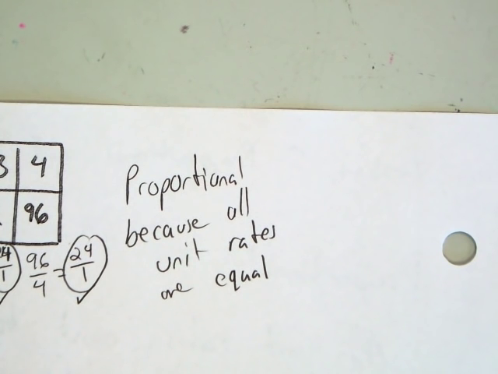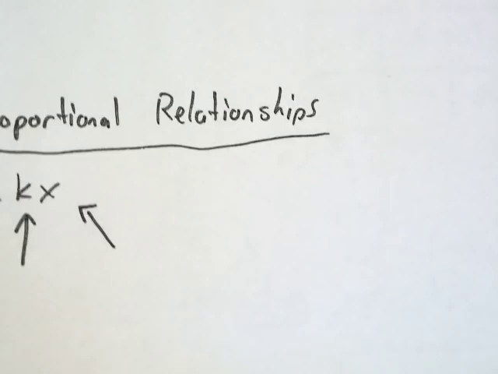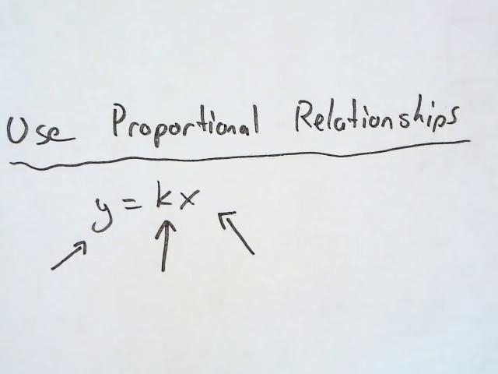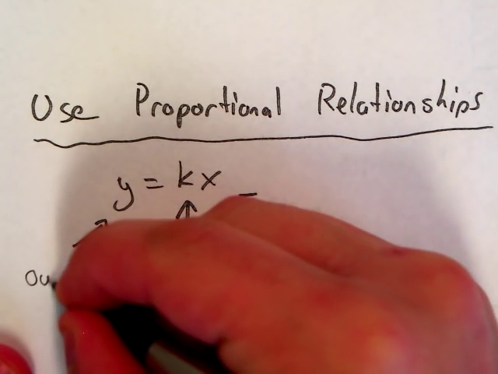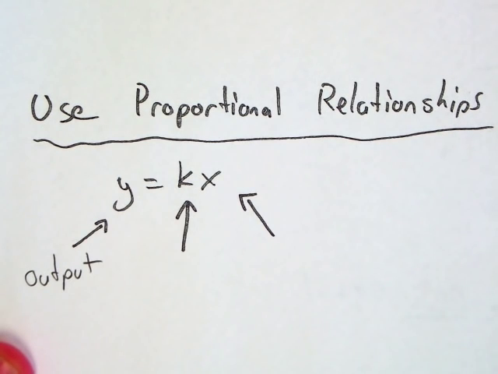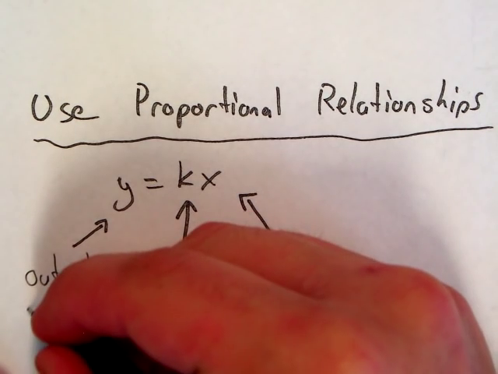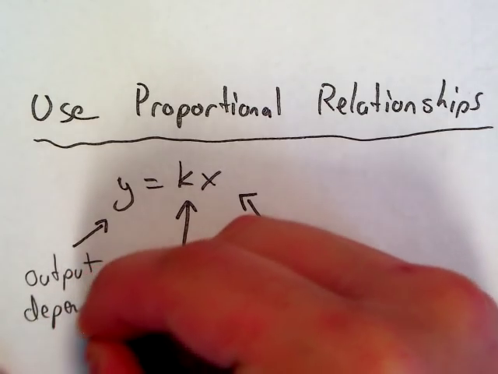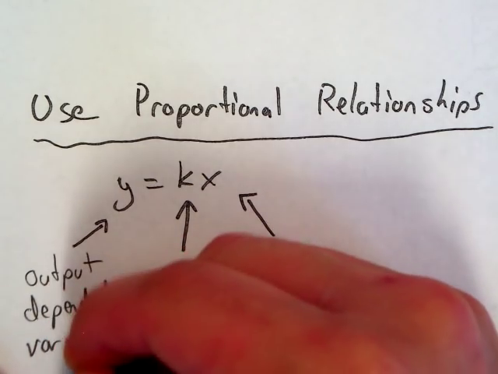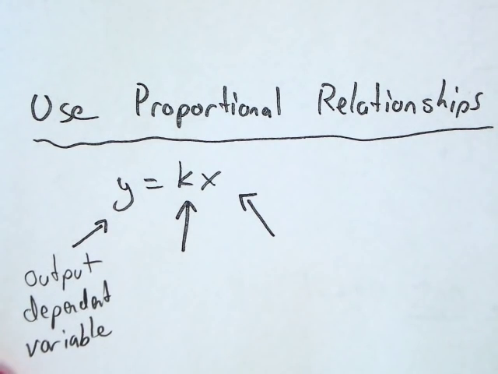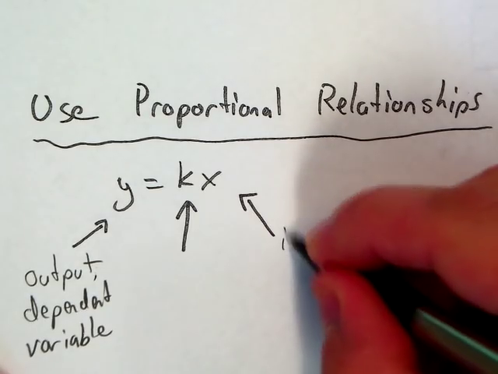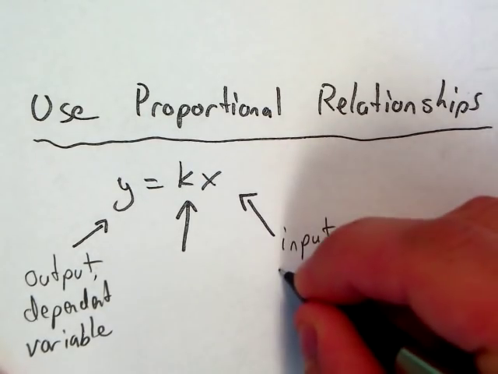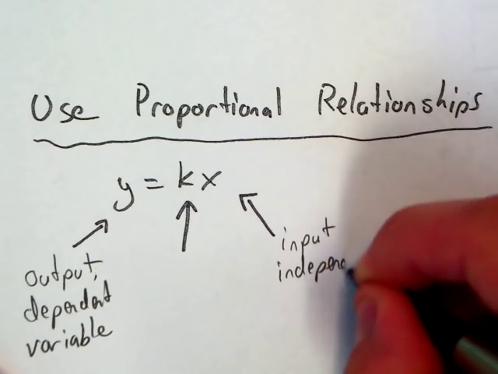So let's talk about using these relationships now. So I have an equation here. It's y equals kx. Y, this is going to be important later, but y is my output. We can also call it our dependent variable. X is my input. It's also my independent variable.